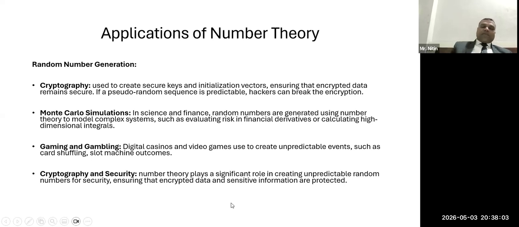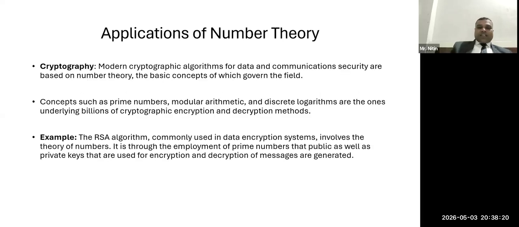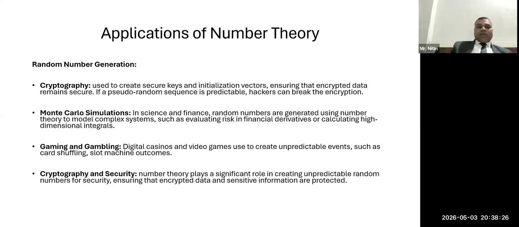Yes, so with the help of random number generation in cryptography, we can securely transfer the data over networks or the medium to receive the original data. Okay. So guys, these are the two specific applications of number theory as per the syllabus: cryptography, and second, random number generation.